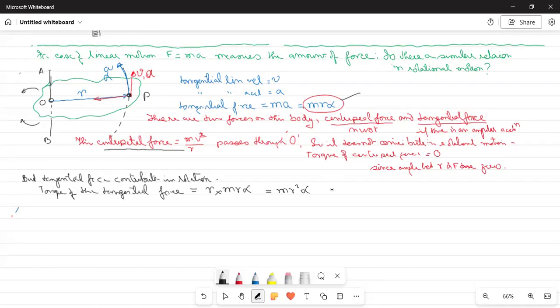So torque tau is equal to m r square alpha, and alpha is the angular acceleration.